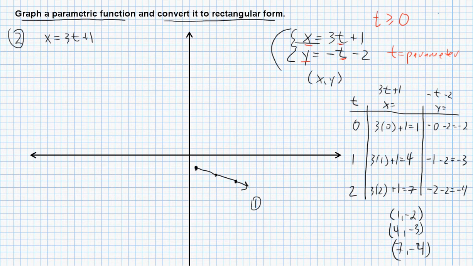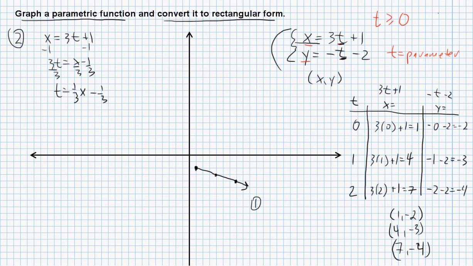Why? Because the t in the first equation is equal to the t in the second equation, so we can substitute. We subtract 1 from both sides and get 3t is equal to x minus 1, and then divide everything by 3 to isolate t, and we get t is equal to 1/3 x minus 1/3.